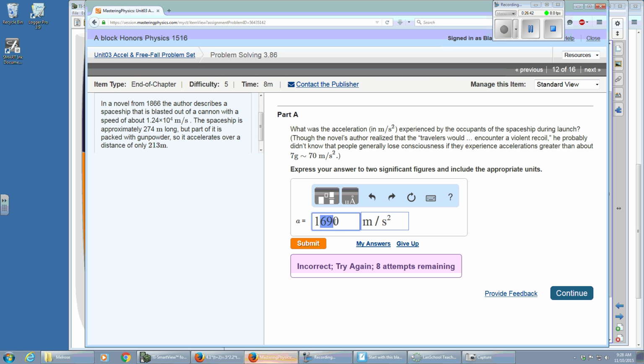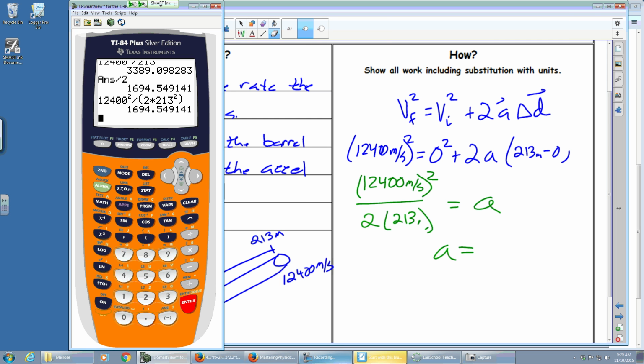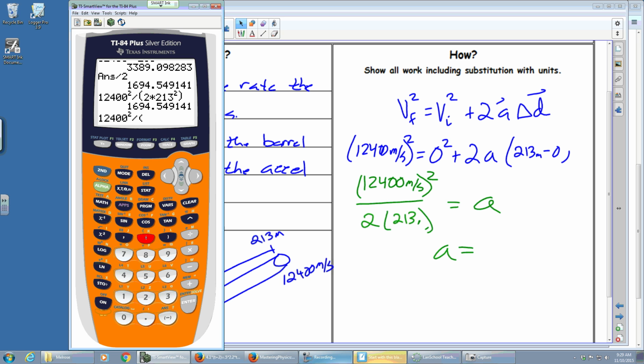It only wants 2 sig figs. What I forgot to do is that the 213 isn't squared. Why did I square the 213? So it's just 213. Yeah, when you mess up the squares in an equation, it kind of comes back to get you.